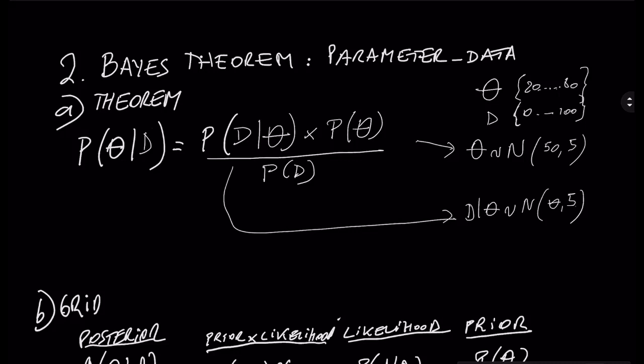In fact, we provide that information because we provide the prior. And in this case, we say that theta is normally distributed with a mean of 50 and a standard deviation of 5. And the probability of the data given theta is normally distributed with a mean of theta and standard deviation of 5. We'll see that later.